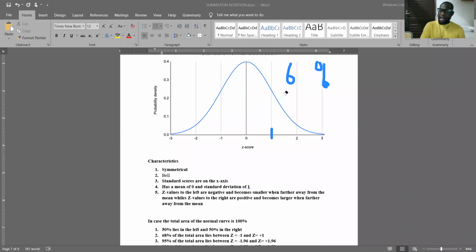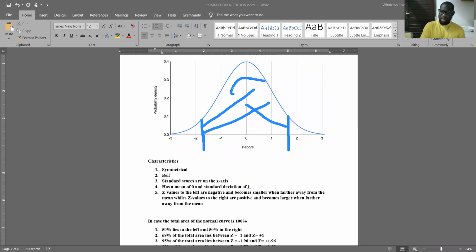But in situations where our z-score values fall around -1.96 to +1.96, which might fall around this side, then the entire area covered here will be about 95% of the normal curve distribution. Okay.